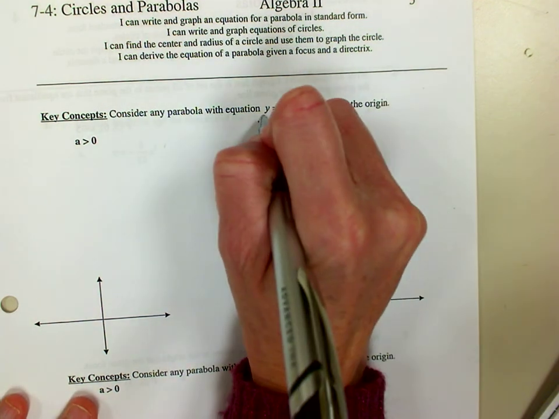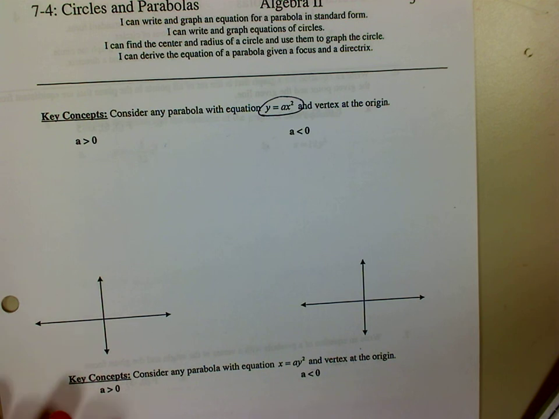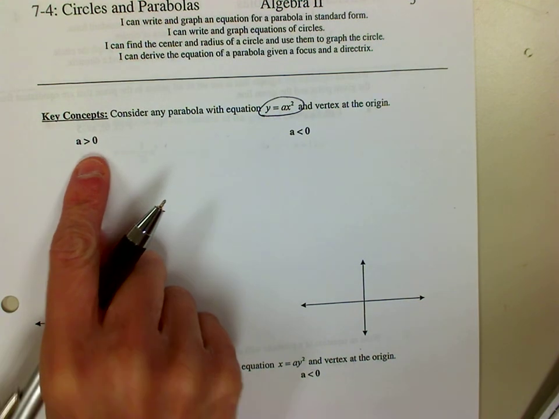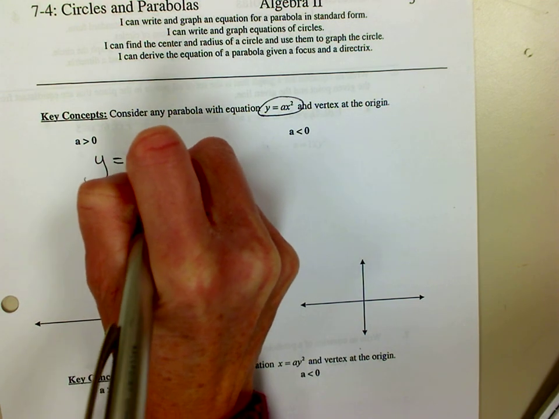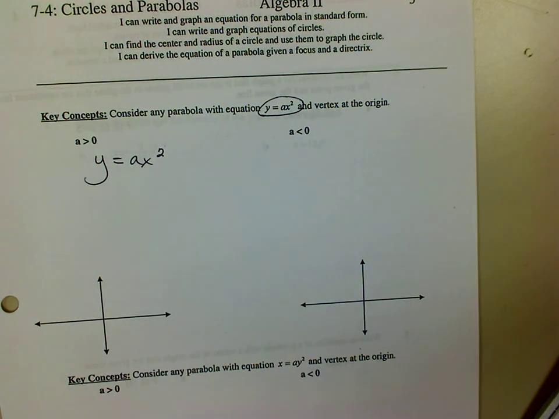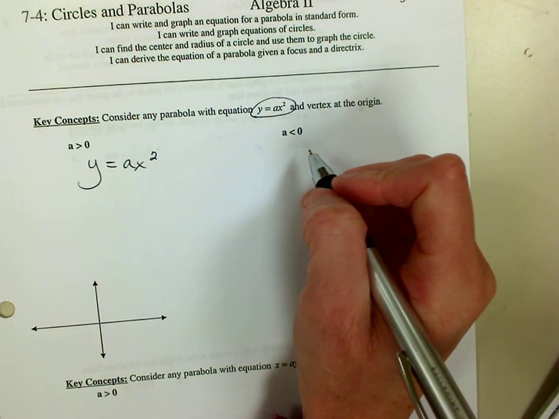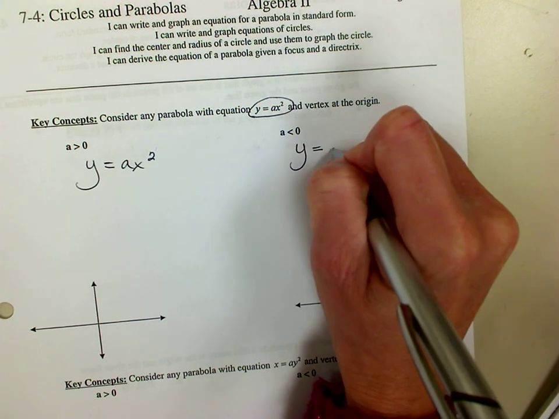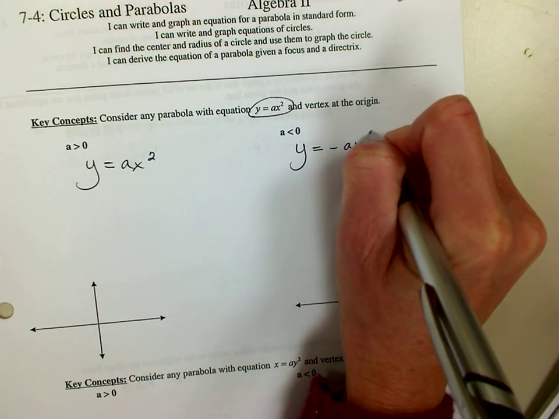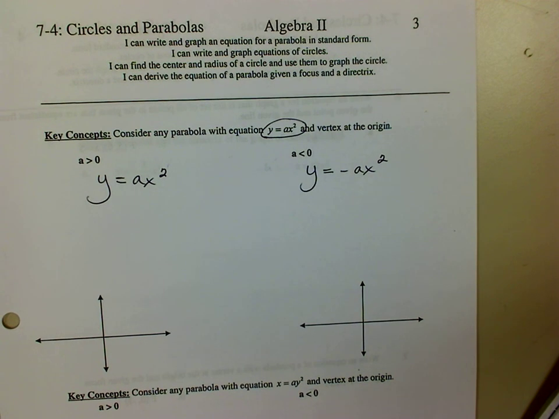This is what I want my equation to look like. So if A is greater than 0, that's what my equation is going to look like. This one, A is less than 0, so y equals negative ax squared. We're going to talk about these two first, and then we'll look at the ones at the bottom.